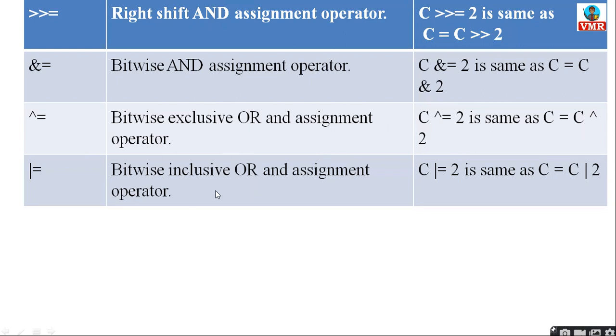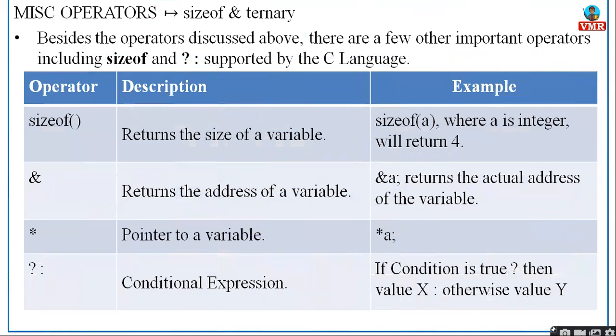Next, the bitwise inclusive OR and assignment operator is C, sorry, C pipe symbol, OR symbol, is equals to 2, which is the same as C is equals to C pipe 2. What this pipe is and how the logic is applied, we already saw in the previous video. So if you have any queries, you can go and check it in the previous video. Okay, and then next come our miscellaneous operators.